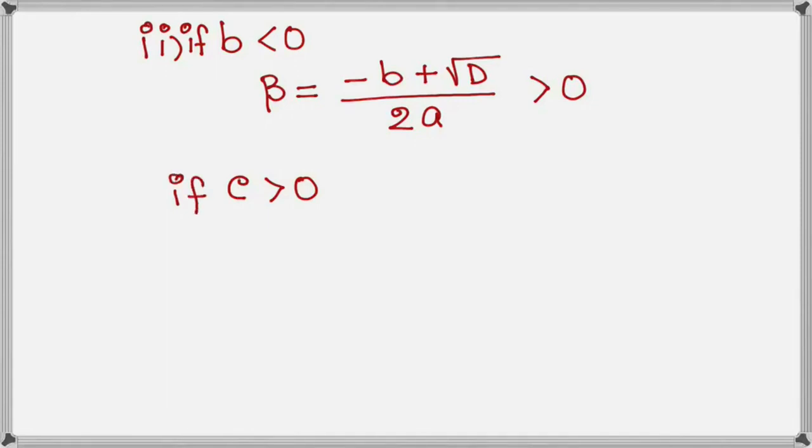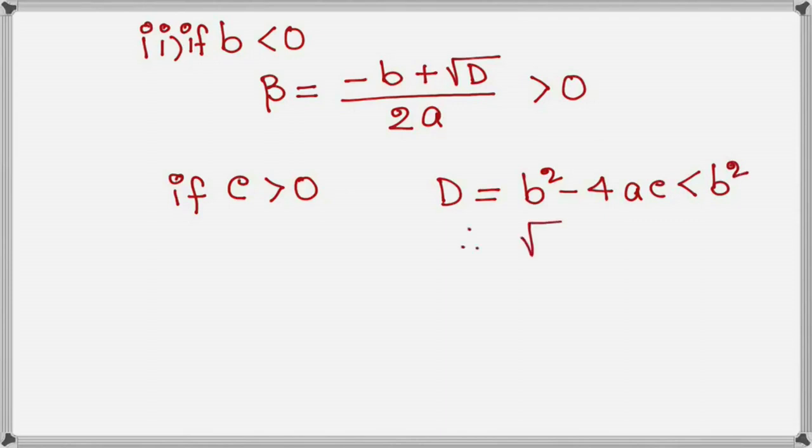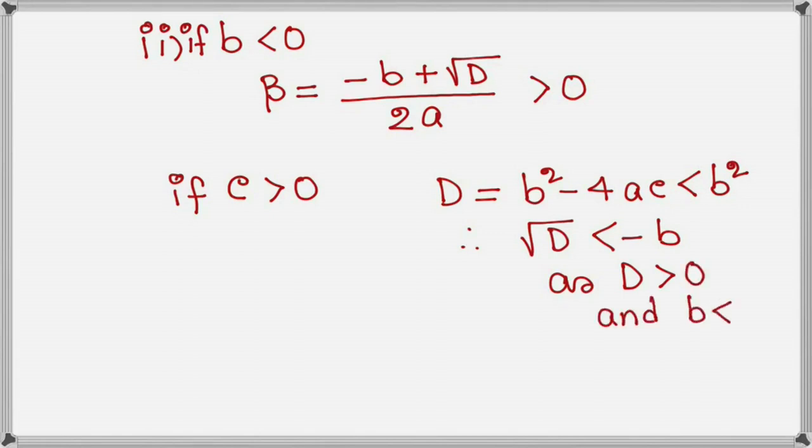Then here we have d is equal to b square minus 4ac is strictly less than b square. So therefore we can say that square root of d is strictly less than minus b, as d is strictly bigger than 0 and b is strictly less than 0.